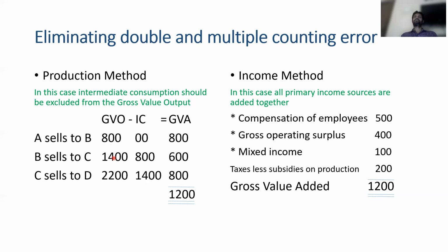Then 800, the sweet maker used as raw material received from the sugar company. So 600 is value added. Then once again, C to D, 2,200 is the output of the company. D used 1,400 from C. Then the value added of D is, of course, 800.